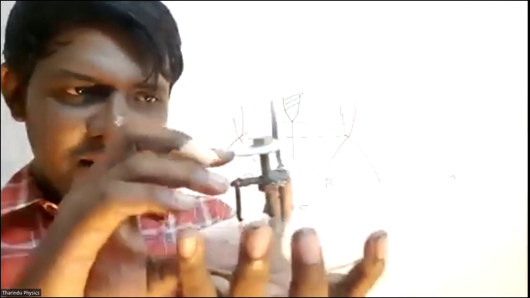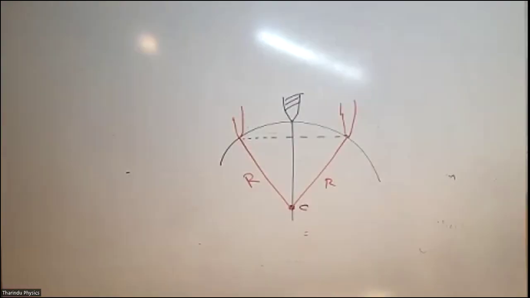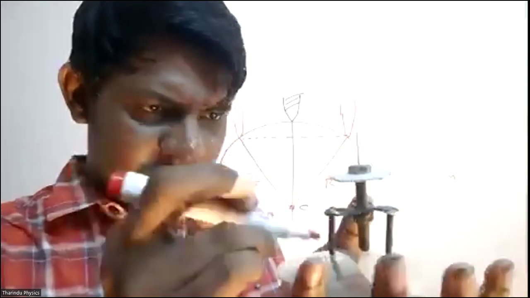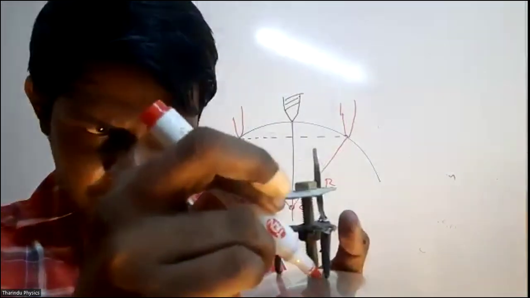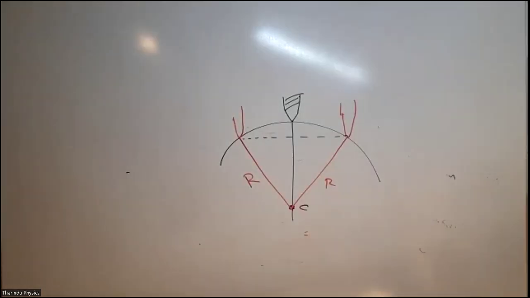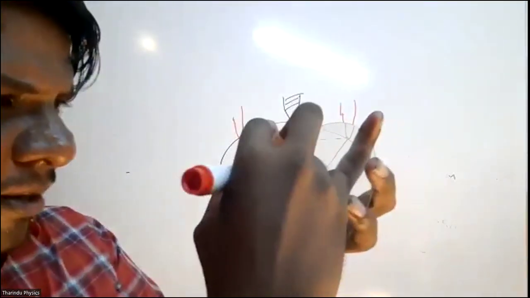Now you can see it will keep in touch with all three legs like this. Let me mark the initial positions: this here, and the other one here, and the center is here. I have marked all three legs. Now I am going to complete the path.